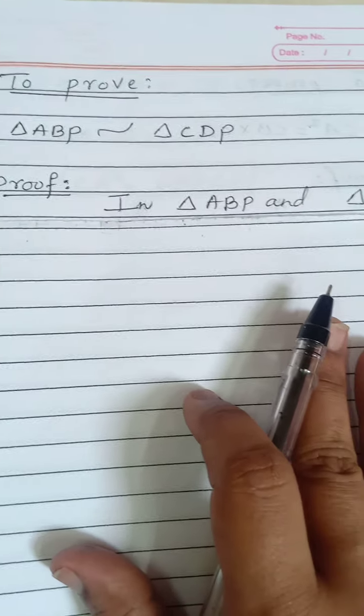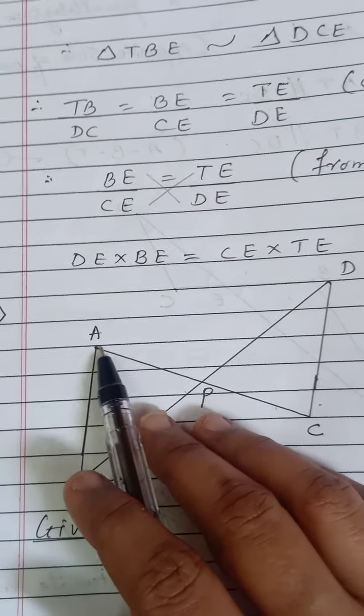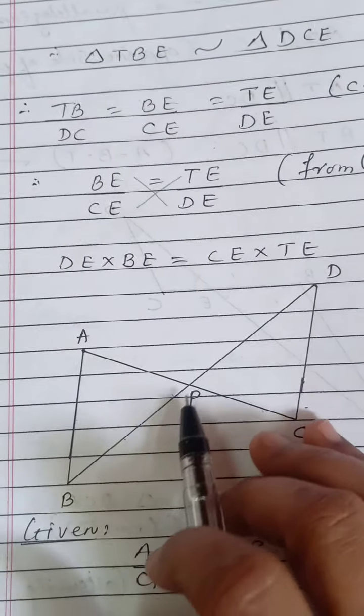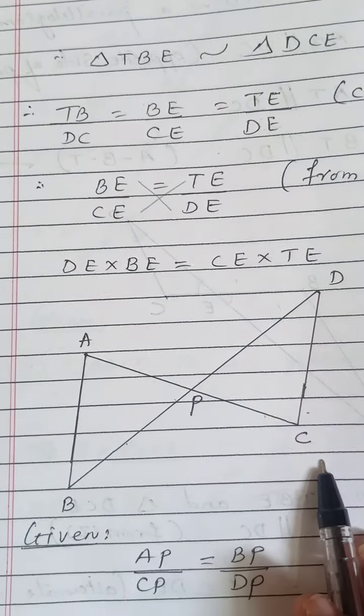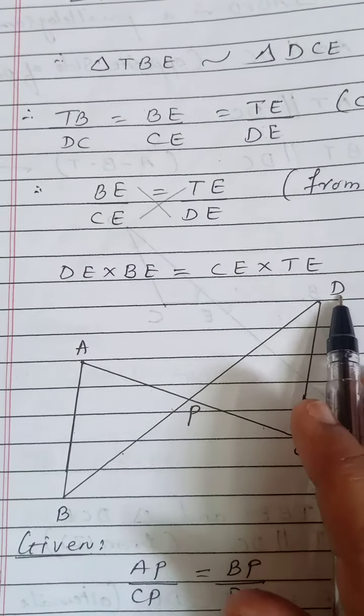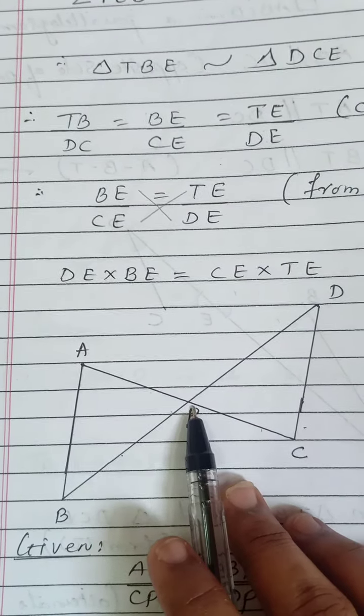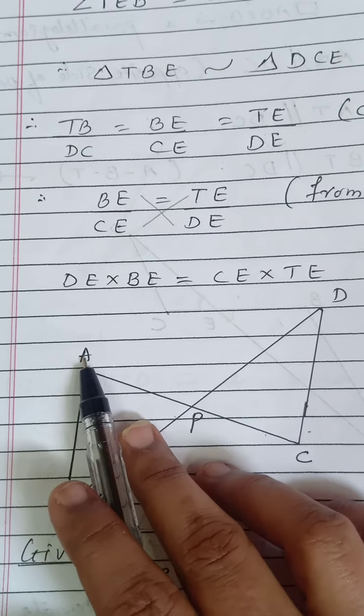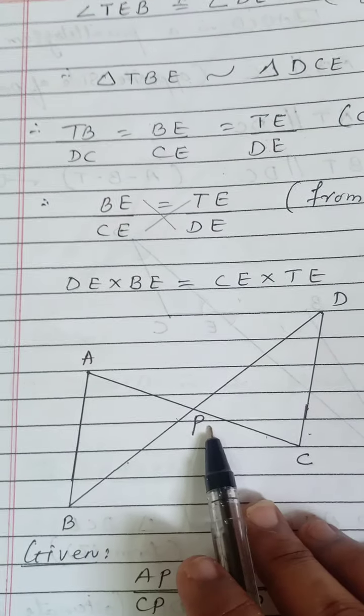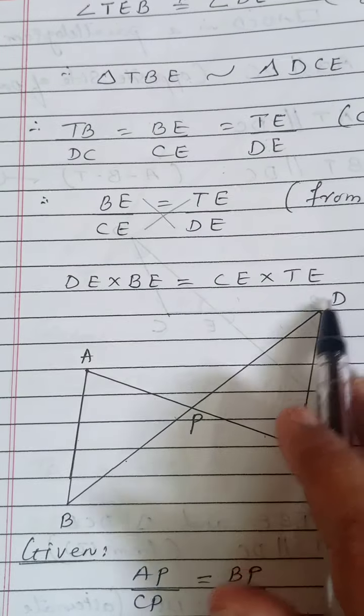So in the proof, in triangle ABP, now you have to concentrate carefully. ABP: A corresponds to C, B corresponds to D and P corresponds to P. If I take the name of the first triangle as ABP, next we have to take CDP.